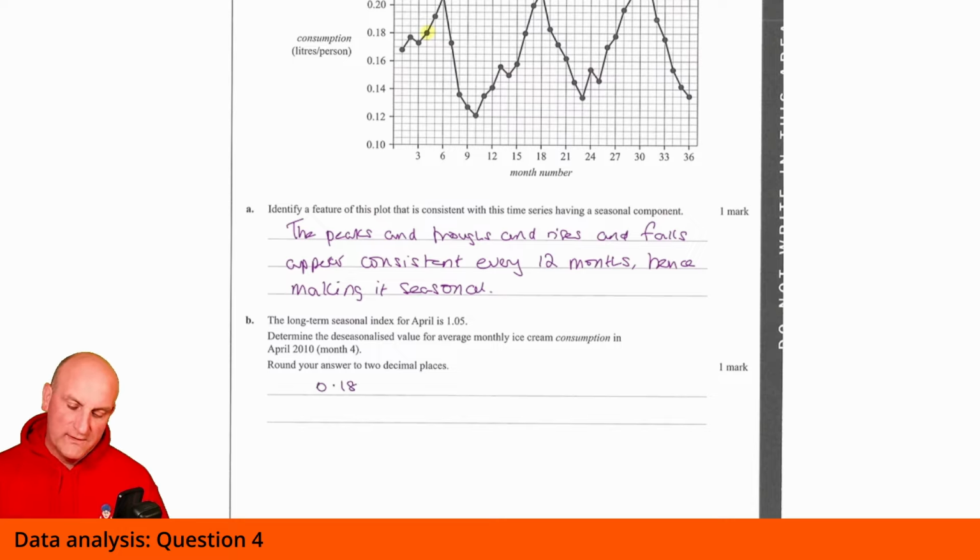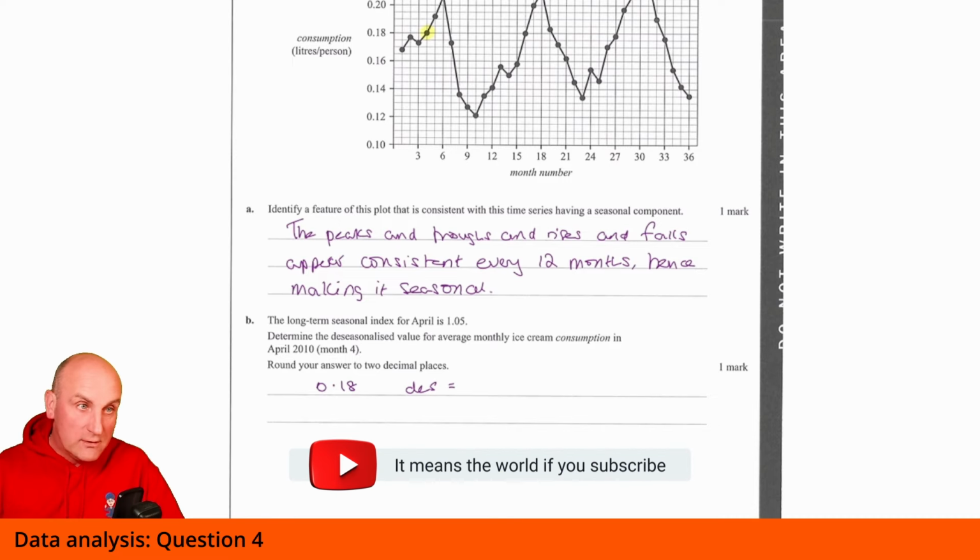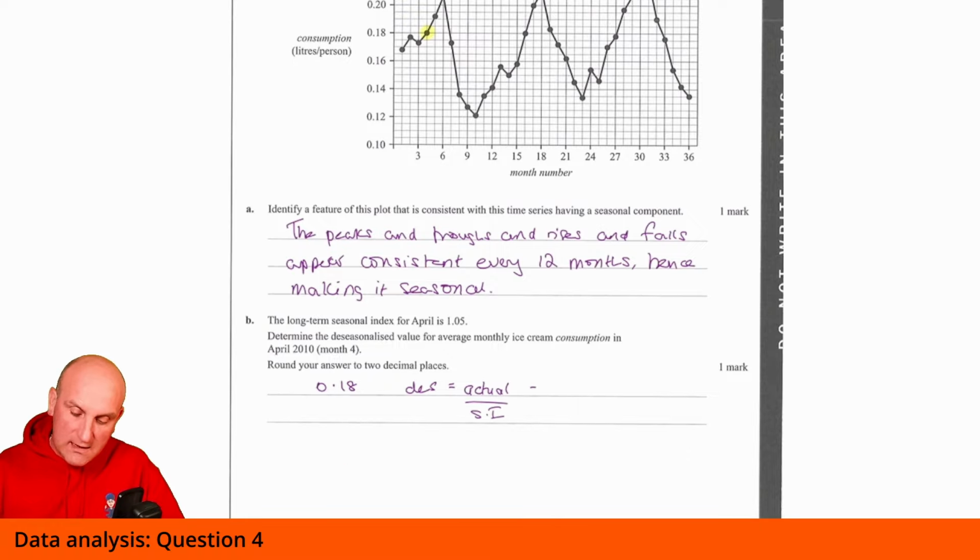The deseasonalized value for average monthly ice cream consumption is... So using the formula that the deseasonalized value is equal to my actual divided by my seasonal index, that's going to be 0.18 divided by 1.05.